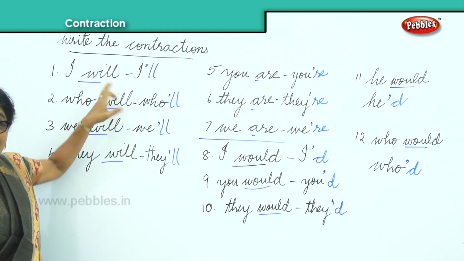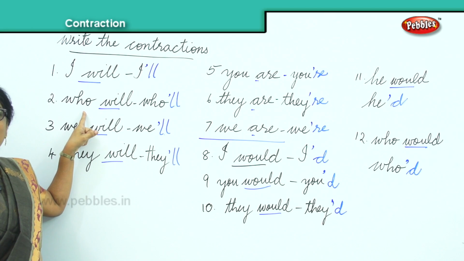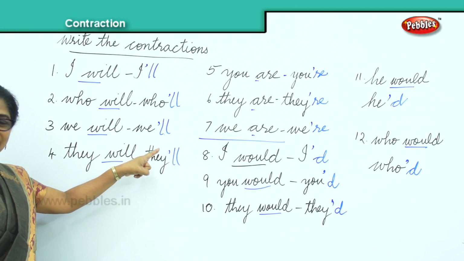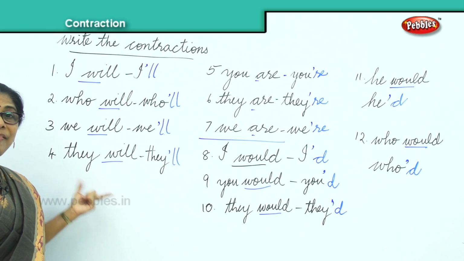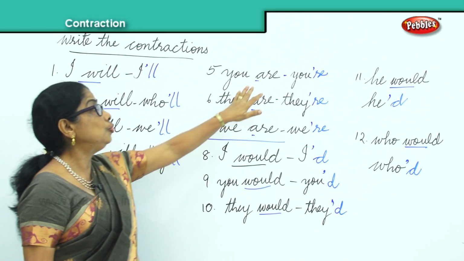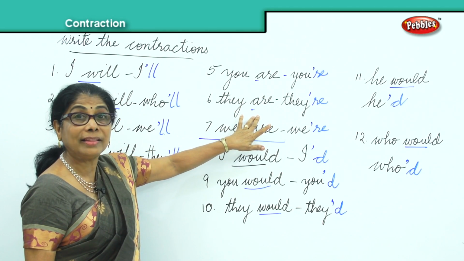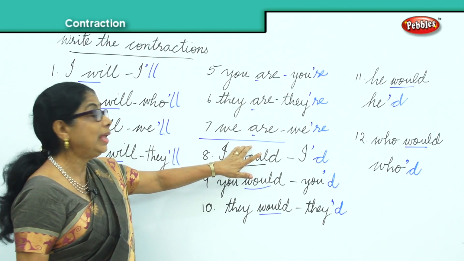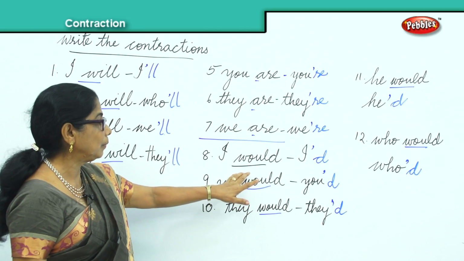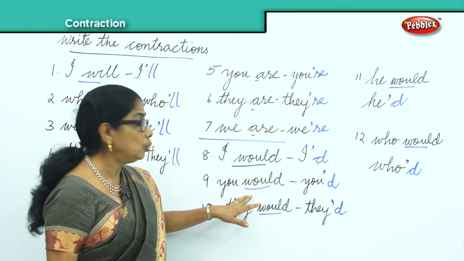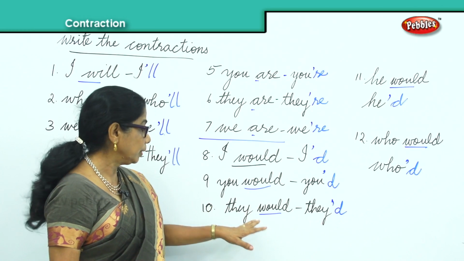So let's read this once again. I will, I'll. Who will, who'll. We will, we'll. They will, they'll. You are, you're. They are, they're. We are, we're. I would, I'd. You would, you'd.